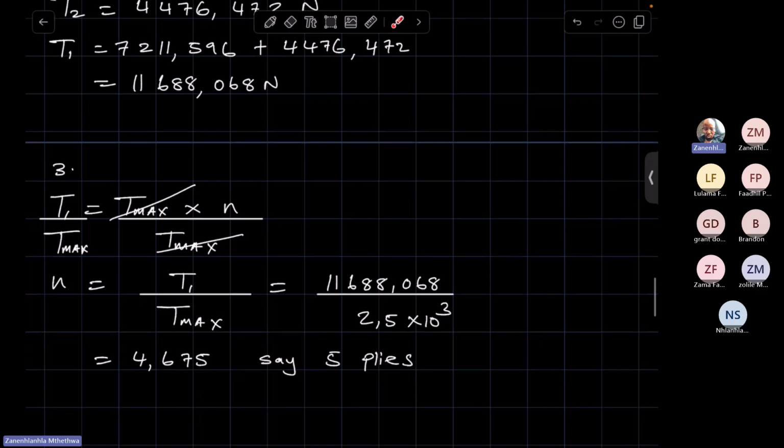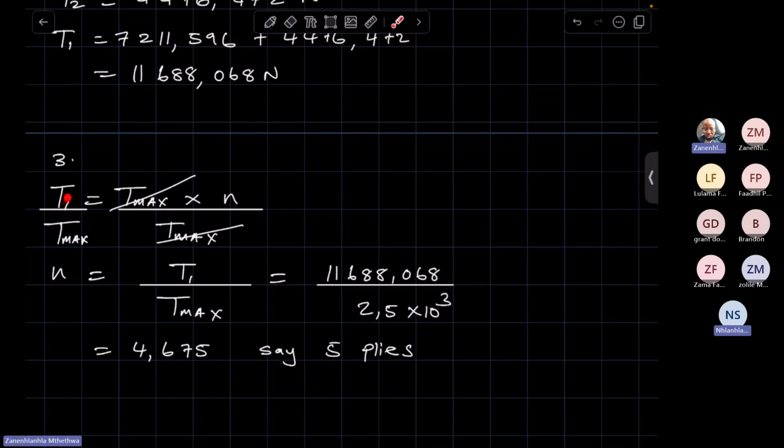It's just that, for instance, if Tmax is 2,5 kilonewtons and you multiply that by 5, you get 12,5. Had you said 2,5 times 4,675, you get 11,688. Do you get what I'm saying?